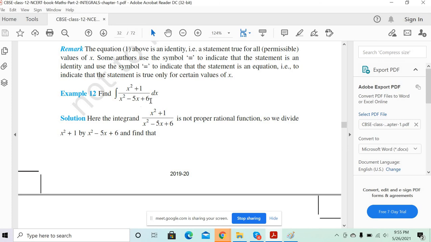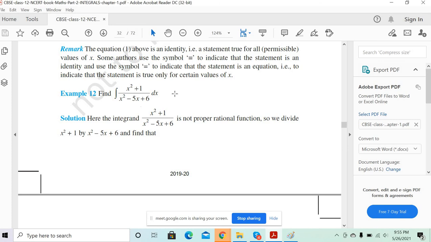So what can you do? Because x square plus 1 is a similar quadratic to x square minus 5x plus 6, you can just divide it. Normal long division method, you remember, right? We need to get it in the form of a mixed fraction, where you find the quotient and the remainder. The remainder will be on top over the denominator and the quotient will be on the left hand side.